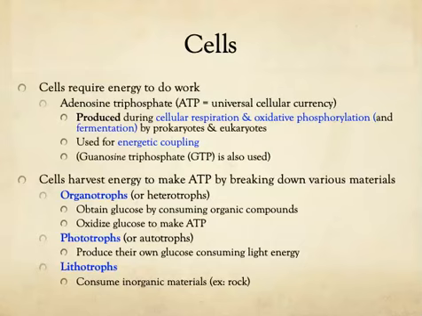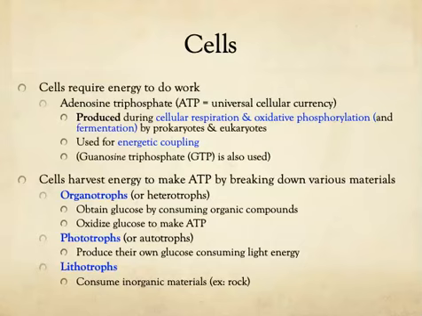Now, we also need to review the way that cells get energy to produce ATP. And if you recall from your BIO312 class, your introductory class, cells make ATP by breaking down or oxidizing various materials, including glucose.